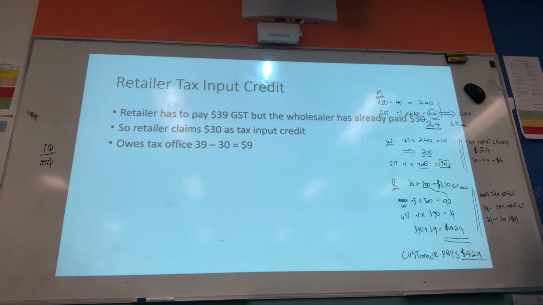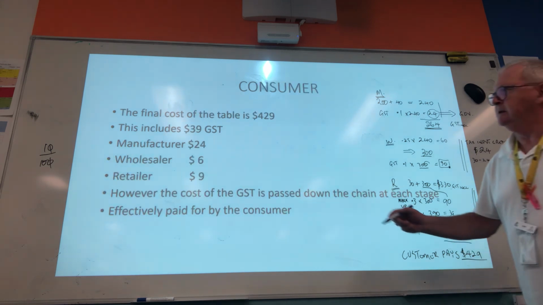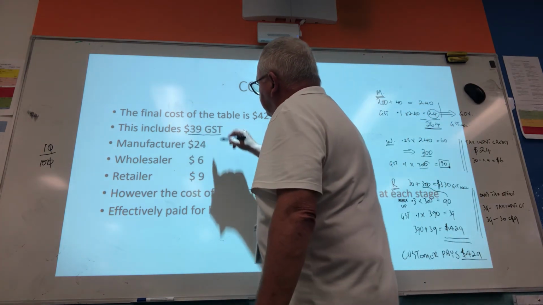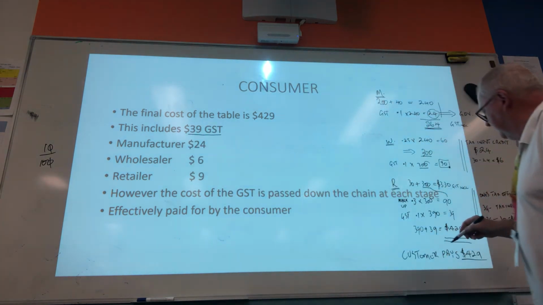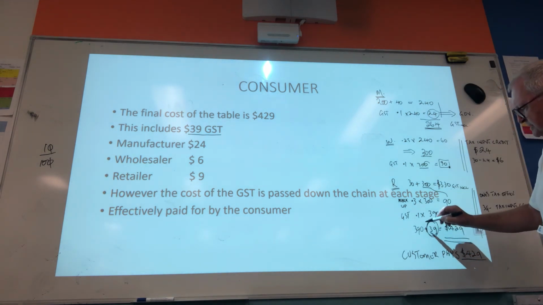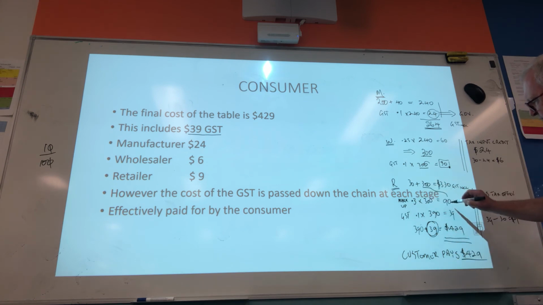The customer pays the $429, and that $429 includes $39 GST. Here's the $39 on the final price. The markup has made it up to $390 and the GST on it is $39.